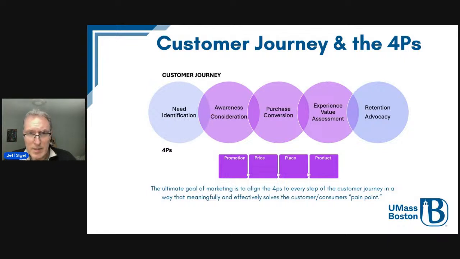The next piece then is awareness and consideration. The next part of the journey is really about, do they even know? For example, let's say they've identified a need. I need something that keeps me warm in the winter.